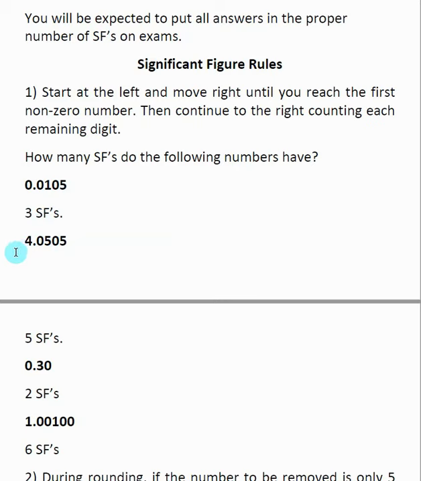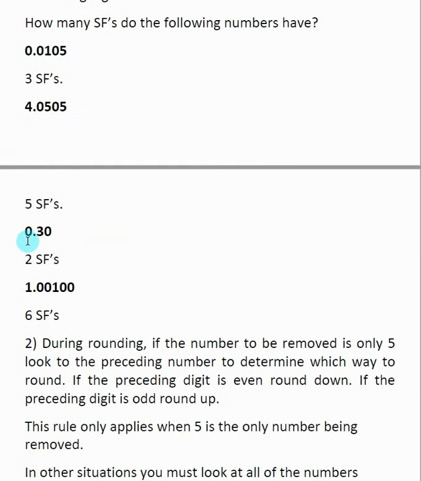Here I start at the left till I get to the first non-zero number, so in this case 4, then I start counting digits. 1, 2, 3, 4, 5. This number has 5 significant figures. Here's another one. Start at the left, go to the right until I get to the first non-zero number. In this case it's 3. I count digits after that. 1, 2. This one has 2 sig figs. And it's the same thing. If you hold tight to this, people will throw all kinds of crazy numbers at you.